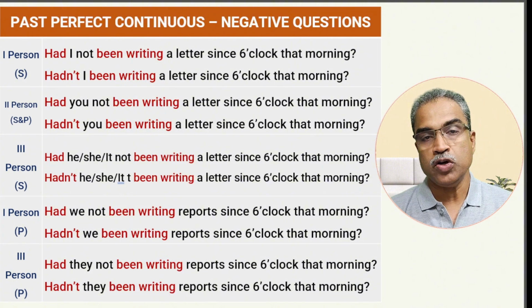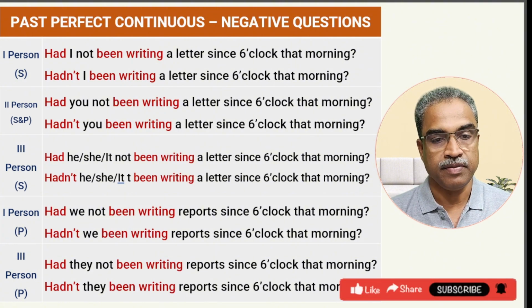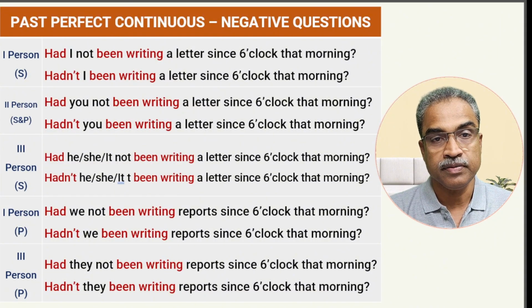I had not been writing becomes had I not been writing? Had I not been writing a letter since 6 o'clock that morning? Or else, had plus not, we can contract that and put it as hadn't. So it will be hadn't I been writing? Don't say hadn't I not been writing, which is wrong, because not is already there with had in that hadn't word, right?